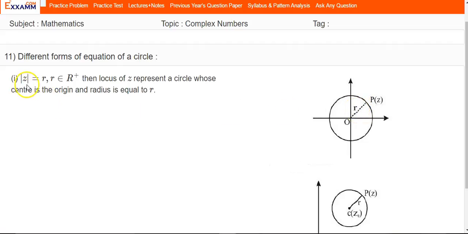So the first equation is modulus of z is equal to r. It represents the circle whose center is the origin and whose radius is r.